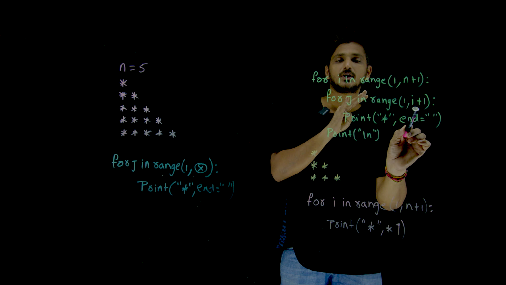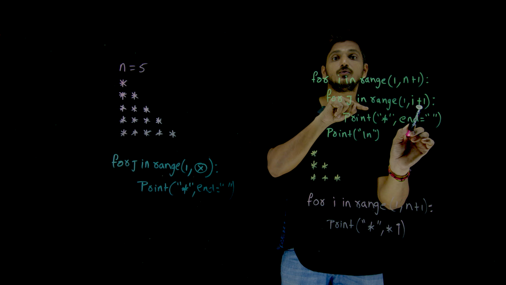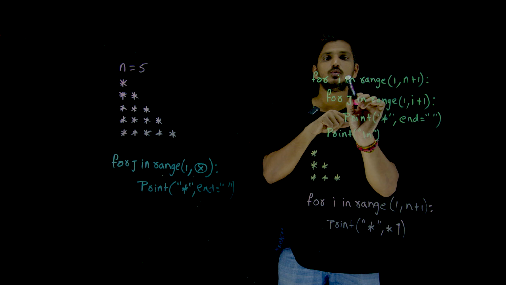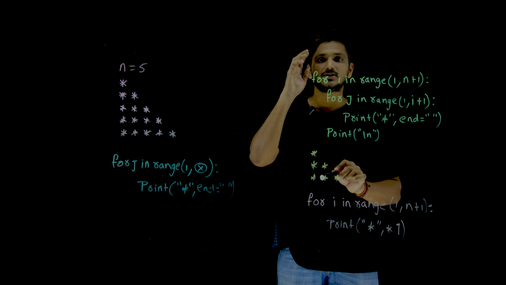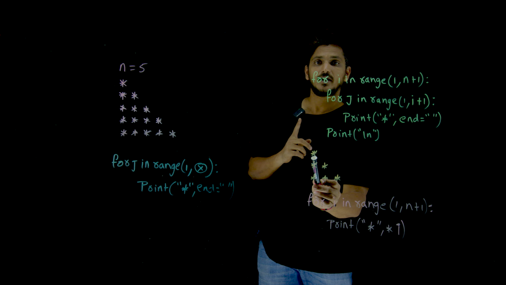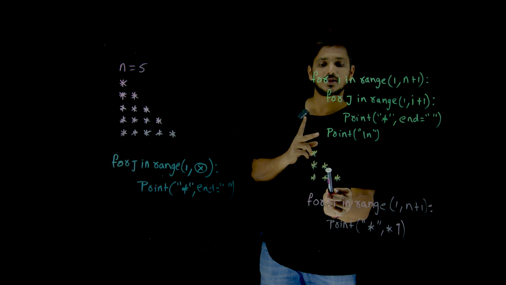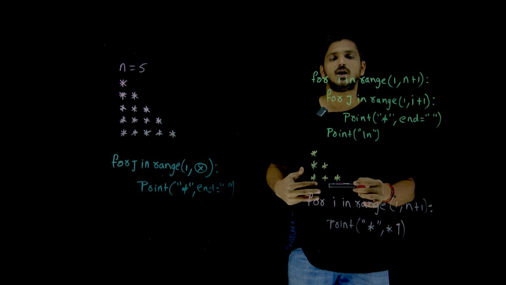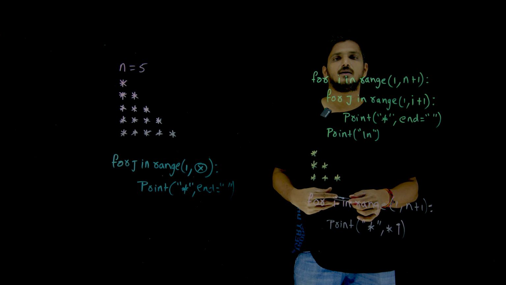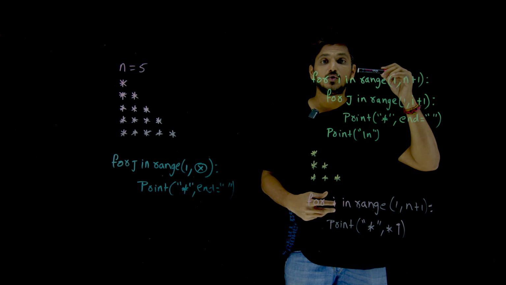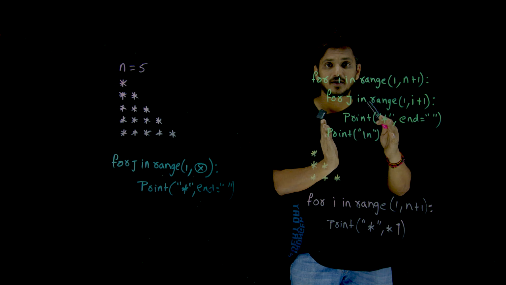The fourth time, the i value is 4. We are controlling this inner loop by using the outer loop. This is the point you need to get clarity on. So for the first line, it displays 1 star. For the second line, it displays 2 stars. For the third line, it displays 3 stars, and so on. Hope you got good clarity on how to display this right triangle pattern.